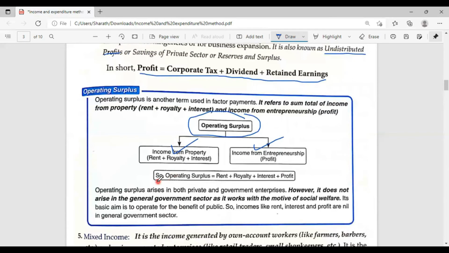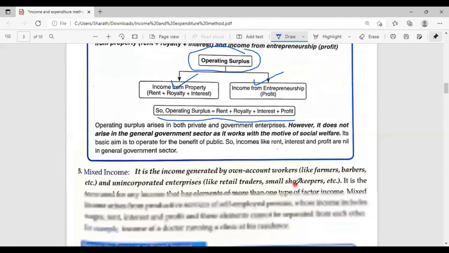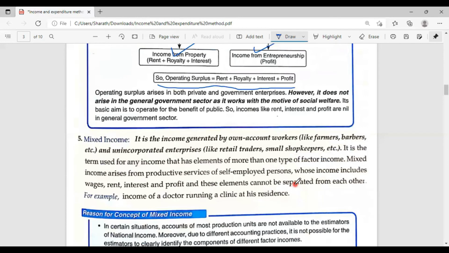So we have the last item in the income method which we need to add, that is mixed income. The name itself suggests that this is an income mix of all the factor incomes, because this is an income generated by own account workers, or we call them unincorporated entrepreneurs or enterprises. For example, retail traders, small shopkeepers.